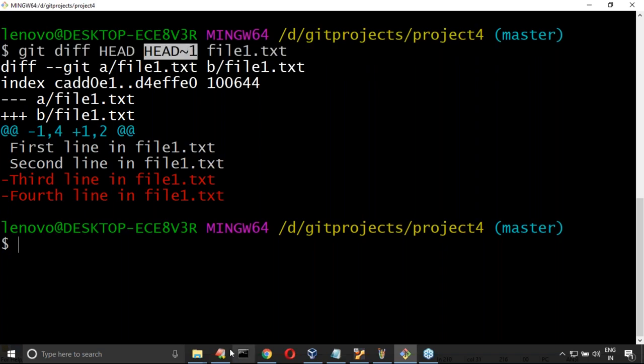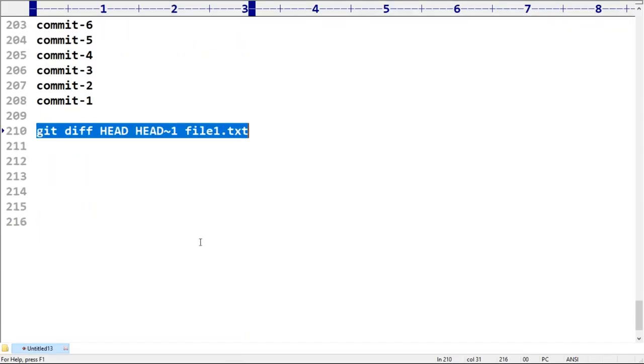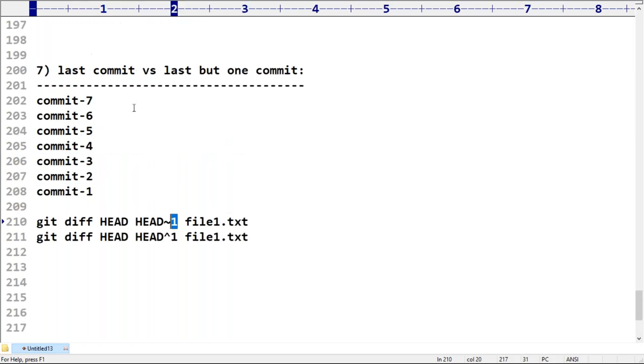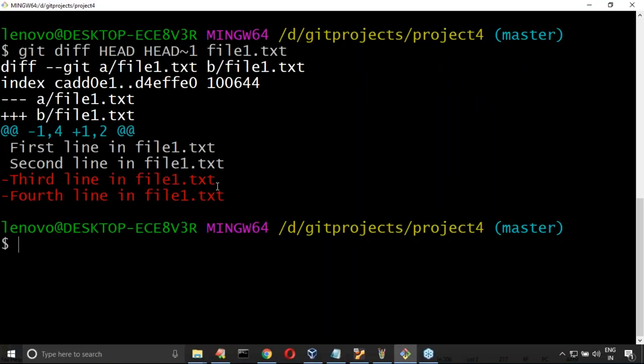Well, sir, now just observe this one. Even the same thing you can do with HEAD caret 1 also. Yes, it is also allowed. Here instead of 1, if you want to refer to this one, use 2, if you want this one, use 3; you can take the numbers, no problem at all.